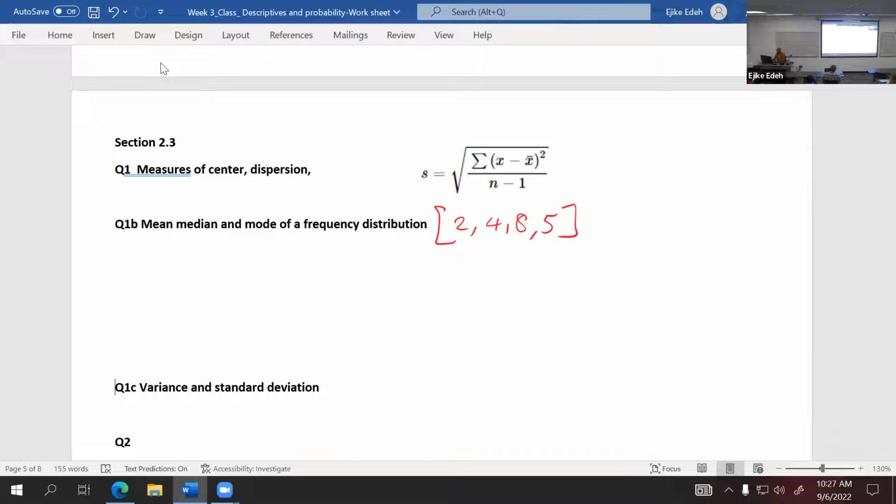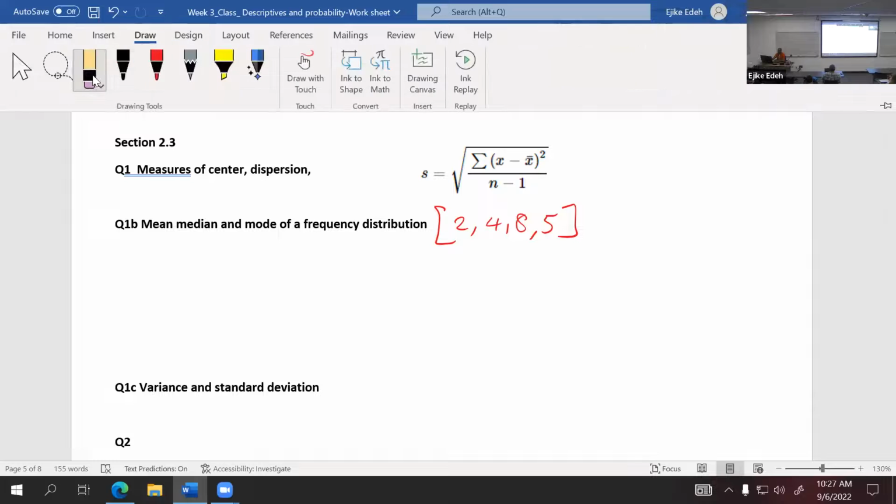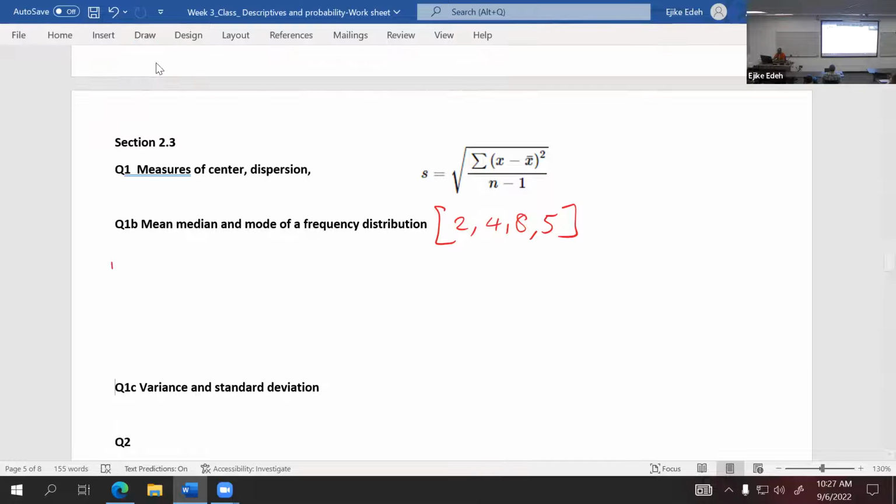The mean, of course, is, and I'll start bringing in the notation now. Let's write it in numbers first, and then we write the notation. The sample mean is given by the symbol X bar.